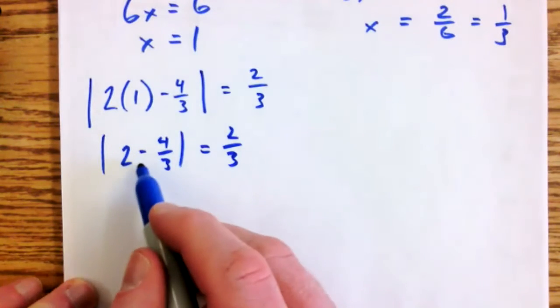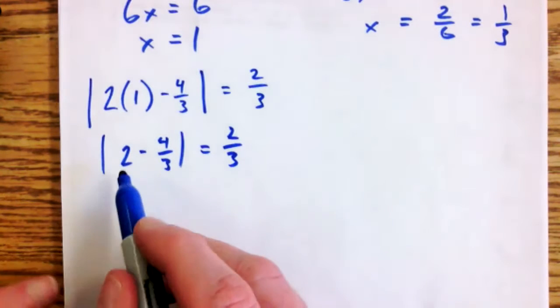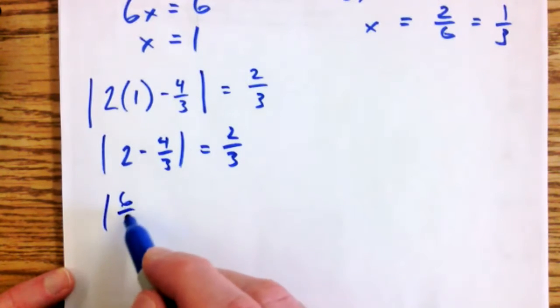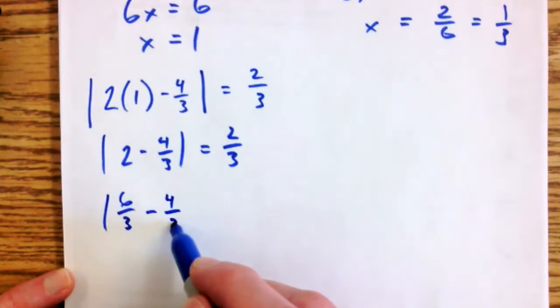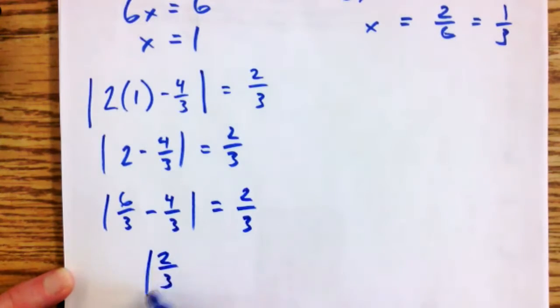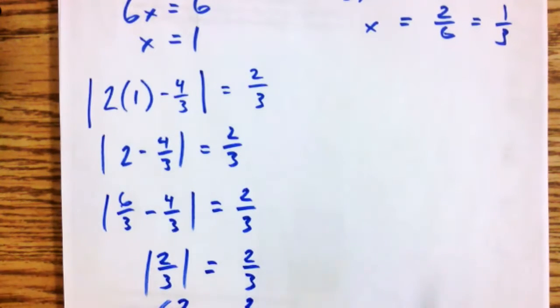If I want to change the denominator here so I can add them, I'm going to put this over 3. So it's going to be 6 over 3 because that still equals 2. 6 over 3 minus 4 over 3 does in fact equal 2 over 3. I'm showing every step here. Checks out.